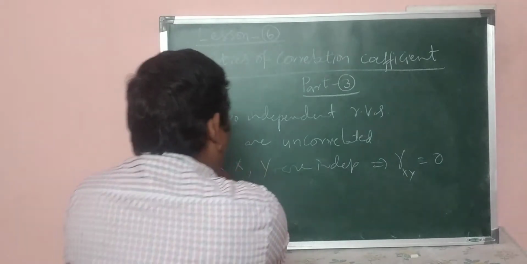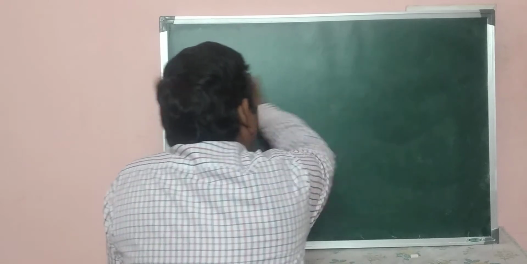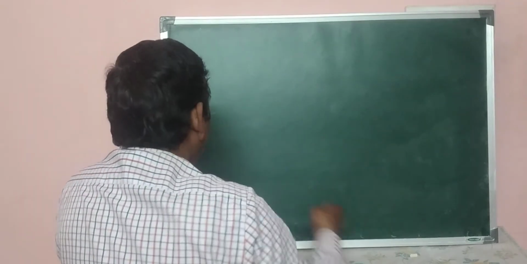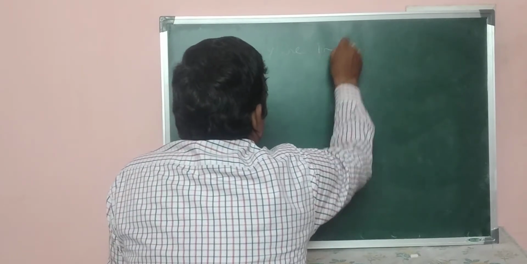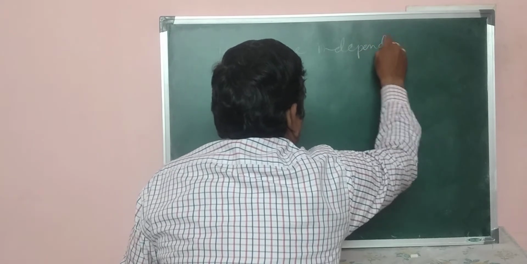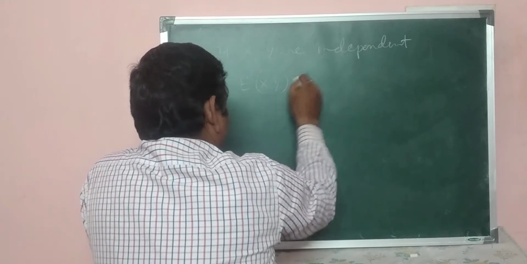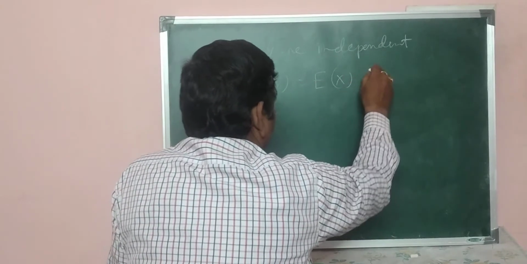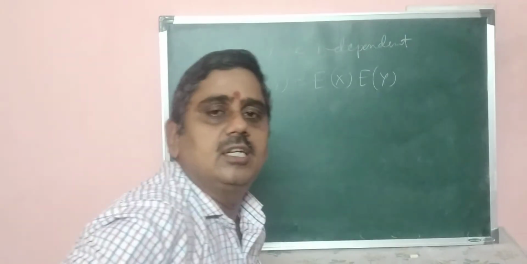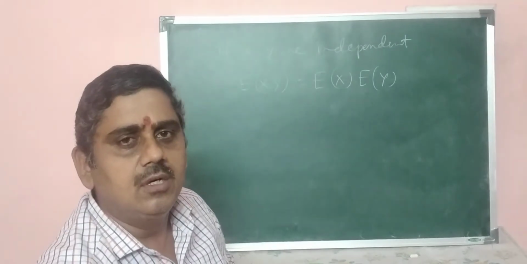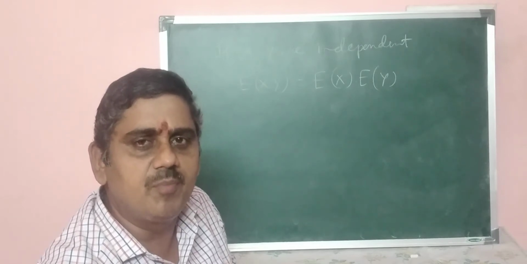For example, if x and y are independent, then by using the mathematical expectation concepts, expectation of xy can be written as expectation of x into expectation of y. This is the relation in mathematical expectations. In probability, probability of A intersection B is equal to probability of A into probability of B.